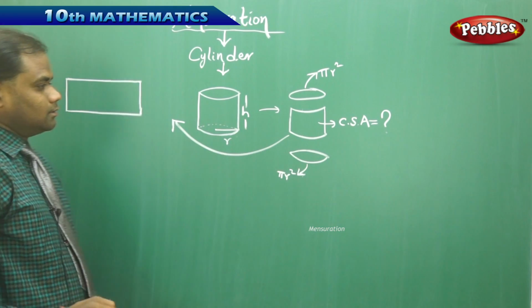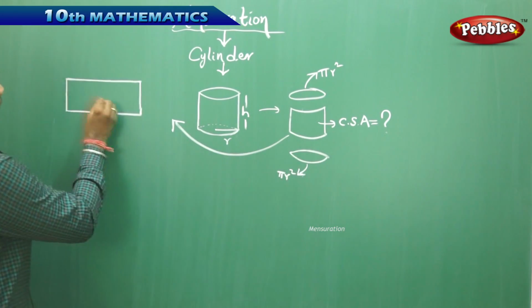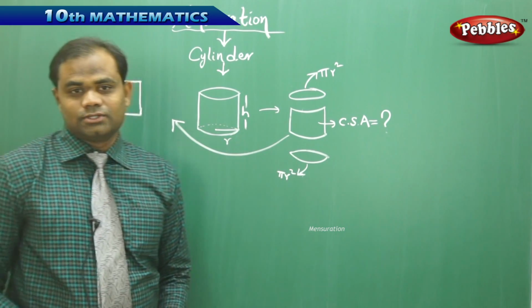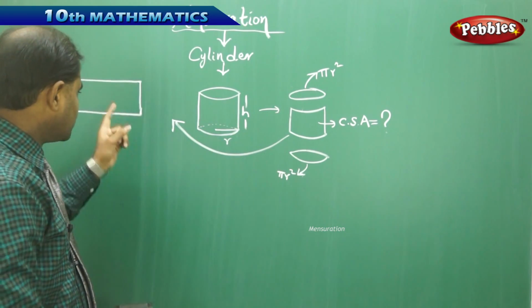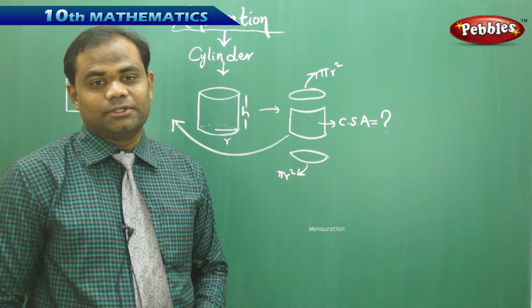So the area of this curved part is nothing but the area of this rectangular strip. Let's see how the area of this rectangular strip can be found using the geometrical dimensions.